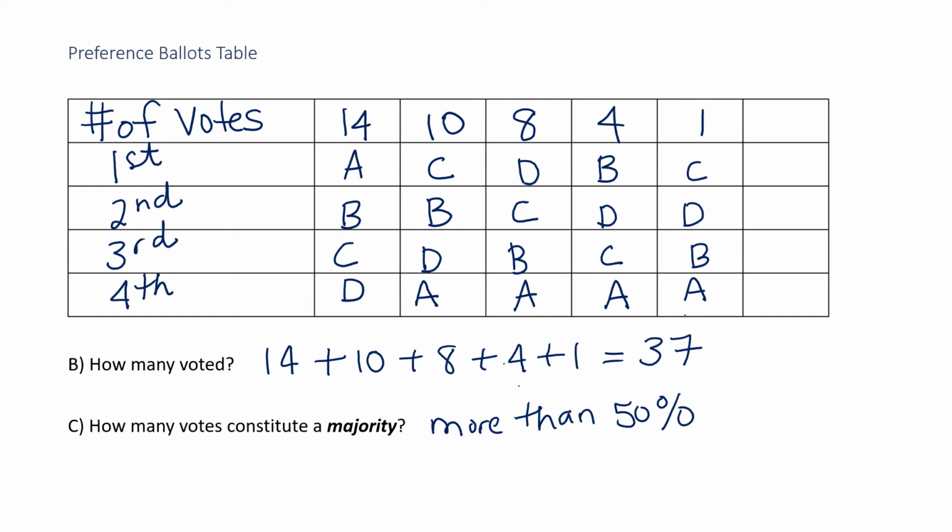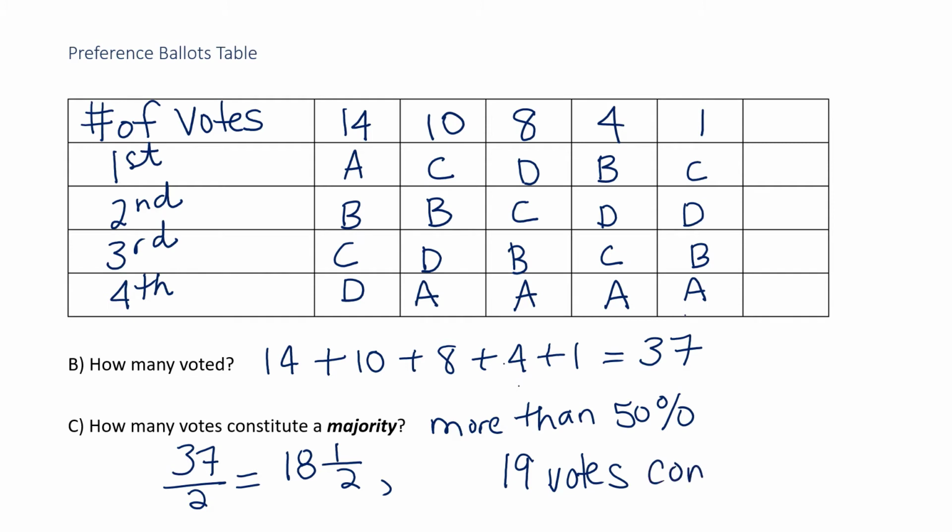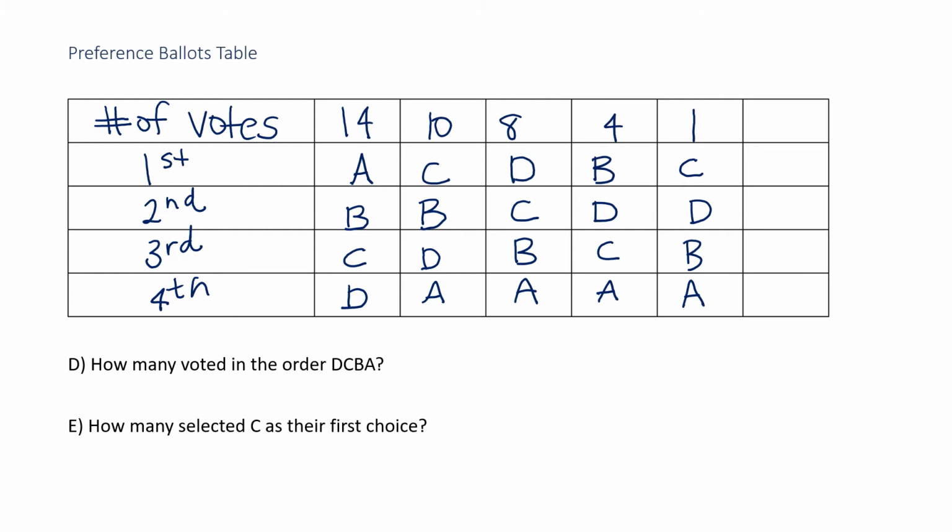So if there are 37 votes, 37 divided by 2 is equal to 18.5. That's the exact middle point. So we say that 19 votes constitute majority.